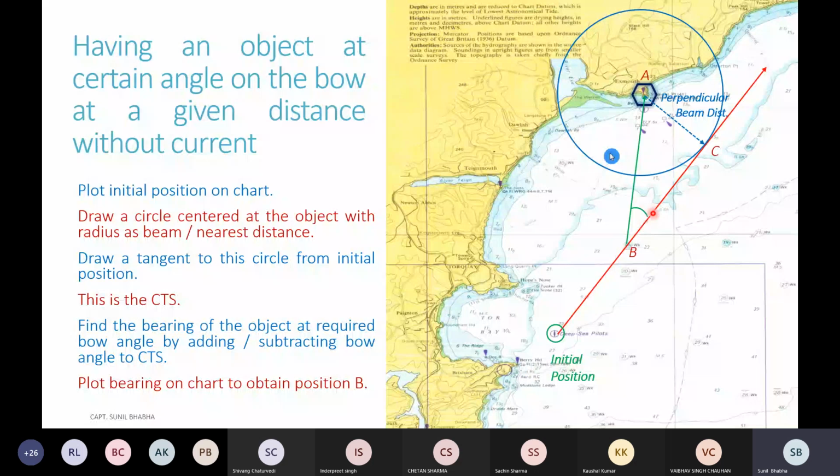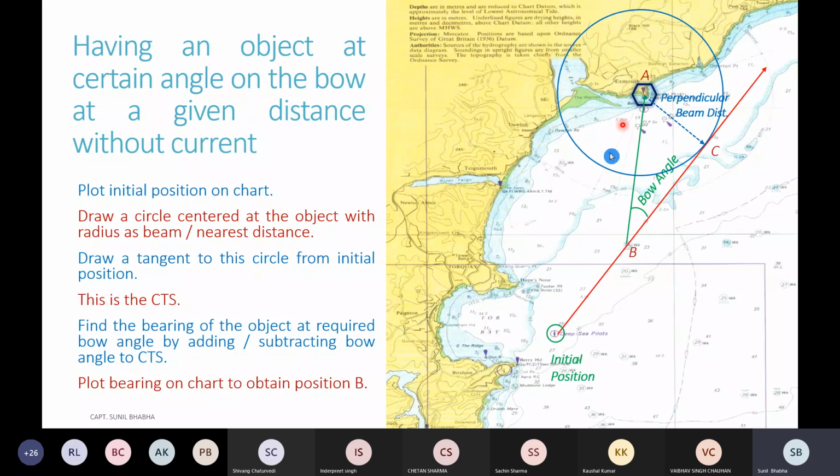Now, if you measure this bow angle here, which is the angle between the CTS and the bearing of this lighthouse, this is the bow angle. If you measure it, you will find that this is exactly the same bow angle which was mentioned in the question.